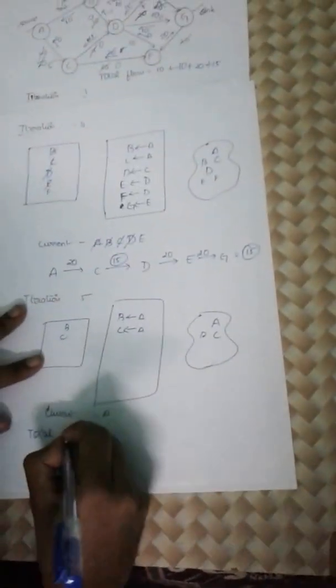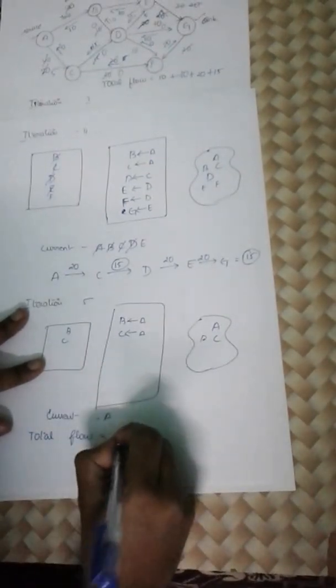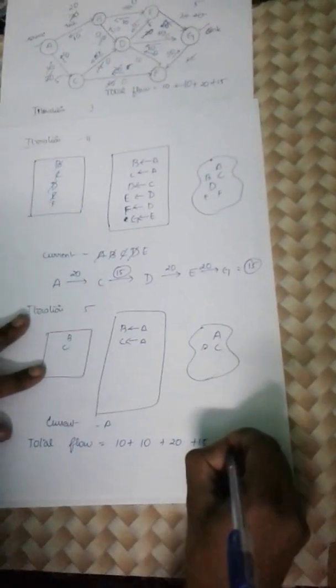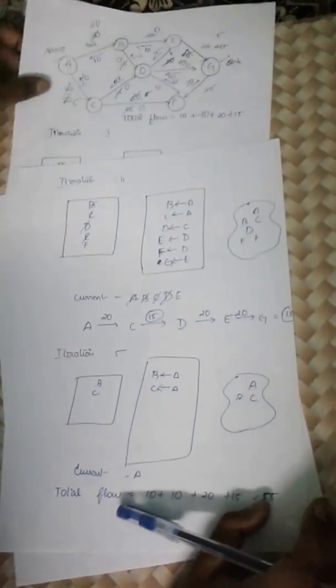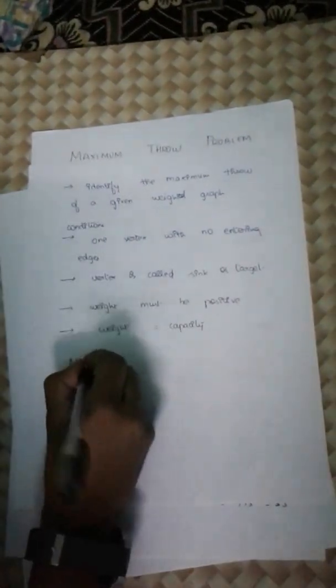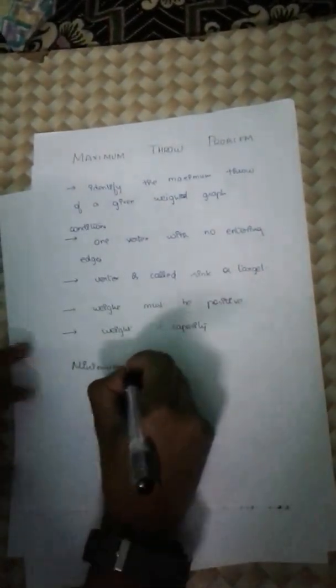If I calculate my total flow, then for the first iteration it is 10, second it is 10, third is 20, and the fourth it is 15, so 55 would be my total flow. Now if I want to calculate the minimum cut, what is the minimum cut?